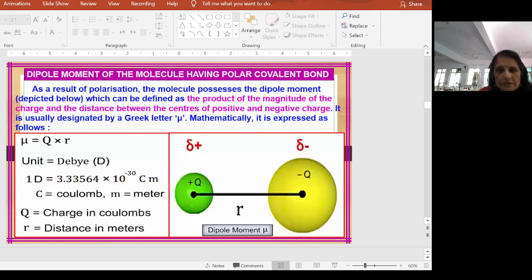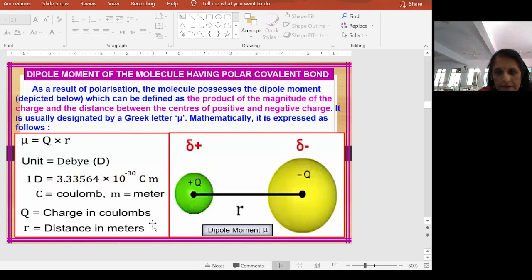Now, how do we measure this polarity? We can measure this polarity in terms of dipole moment. Dipole moment is represented as mu and measured as q into r. What is q? Q is the charge in coulombs which will be developed, and r is the distance in meters.